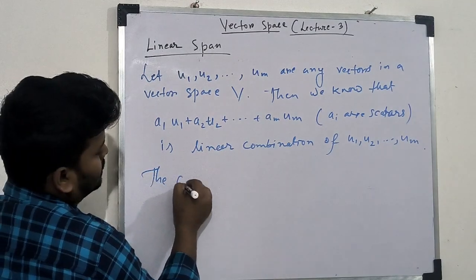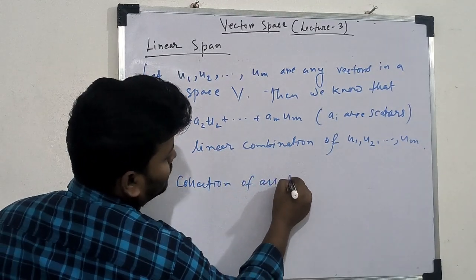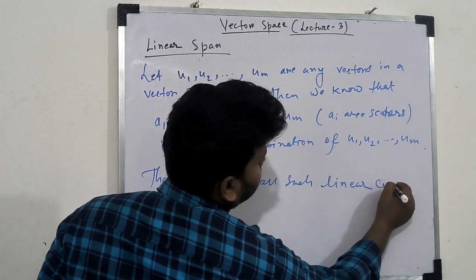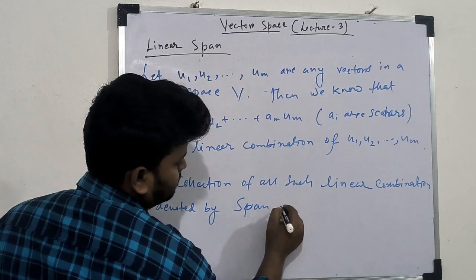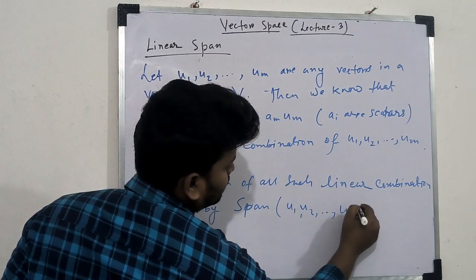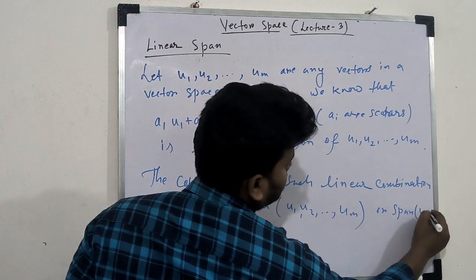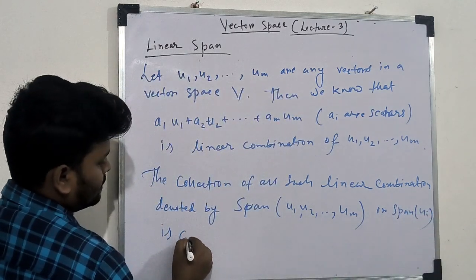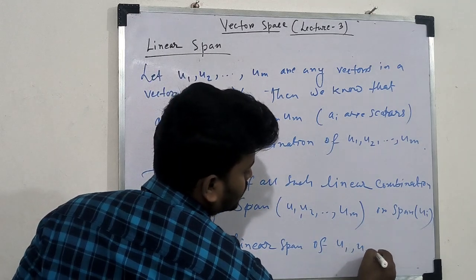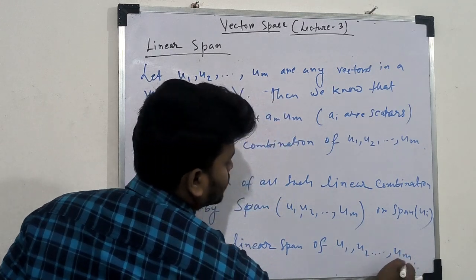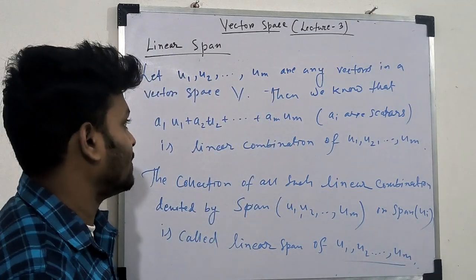So the collection of all such linear combinations, denoted by span(u1, u2, ..., um), is called the linear span of these vectors. So this is the definition of linear span.